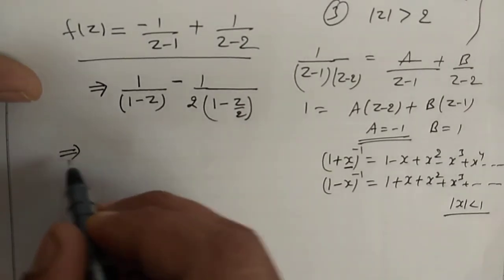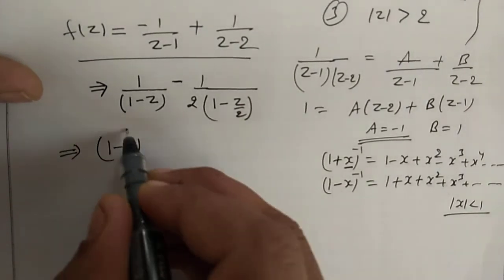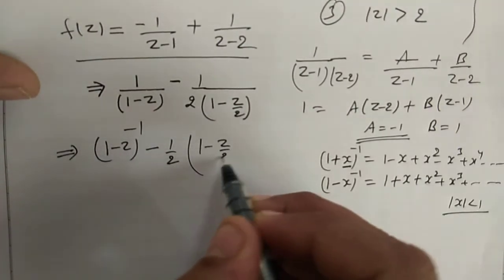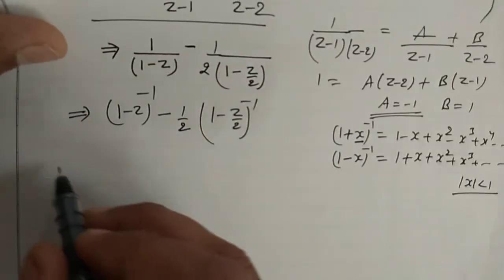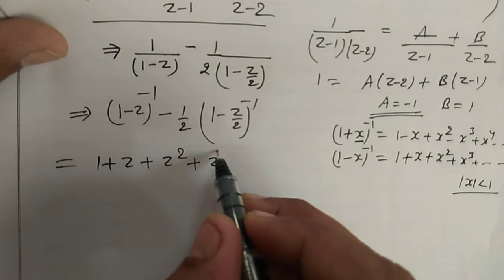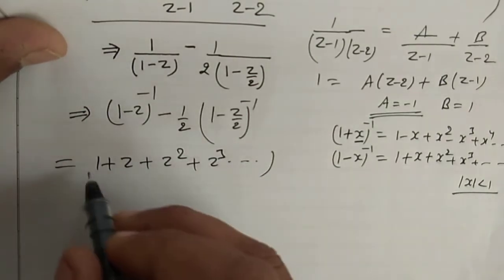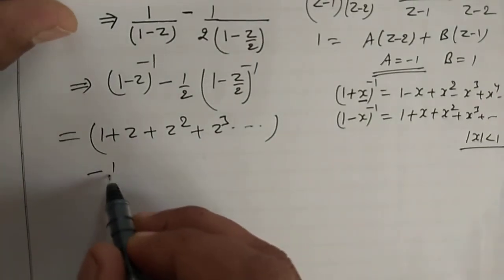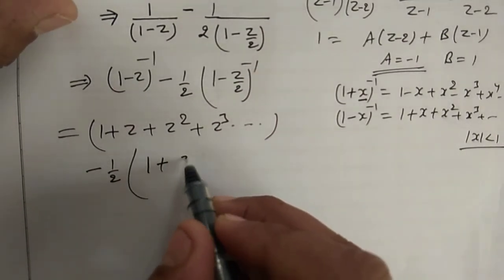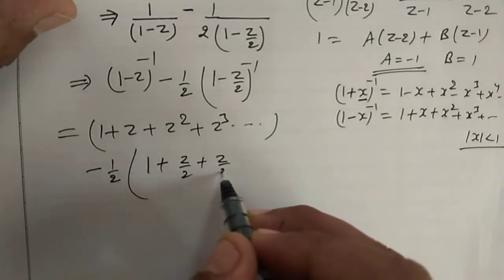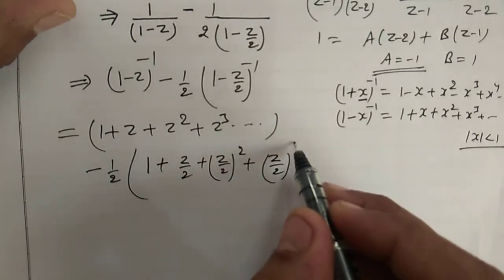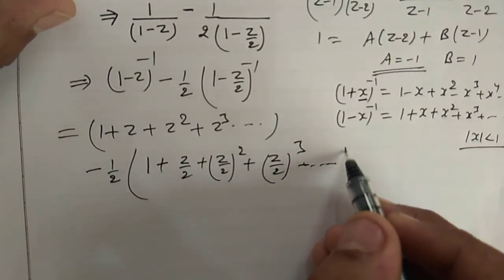So now we can have the binomial expansion (1 minus z) power minus 1, and minus 1 by 2 and (1 minus z by 2) power minus 1. So this will be 1 plus z plus z square plus z cube, and minus 1 by 2 times 1 plus z by 2 plus (z by 2) whole square plus (z by 2) whole cube plus dot dot dot.